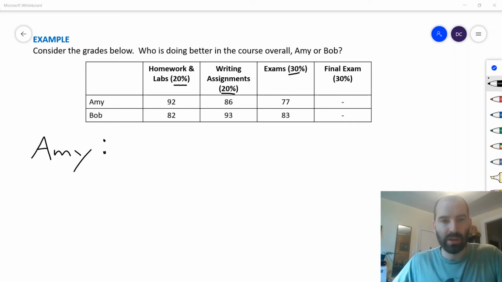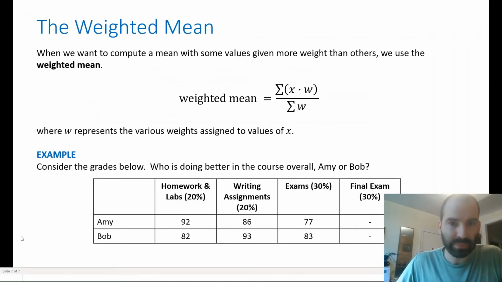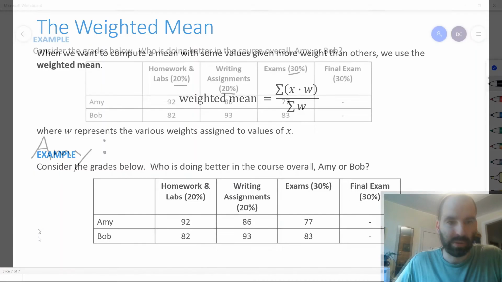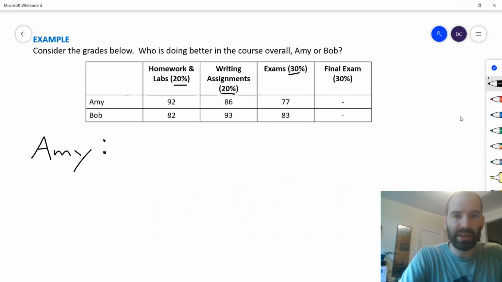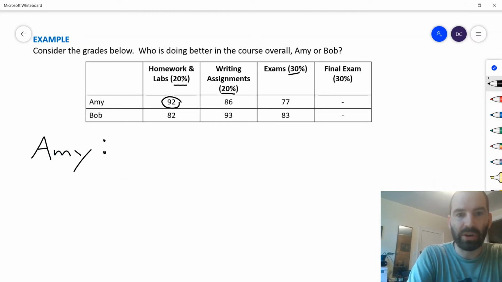Okay? So let's go look at that formula for weighted average. The formula says it's the sum of each data value times the weight divided by the sum of the weights. Okay? So let's go ahead and do that. So we're going to take each data value, which for Amy is her scores.